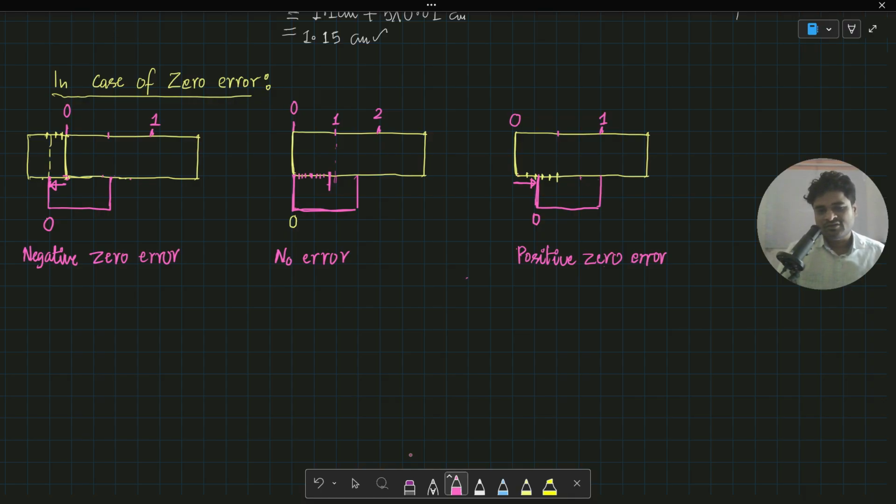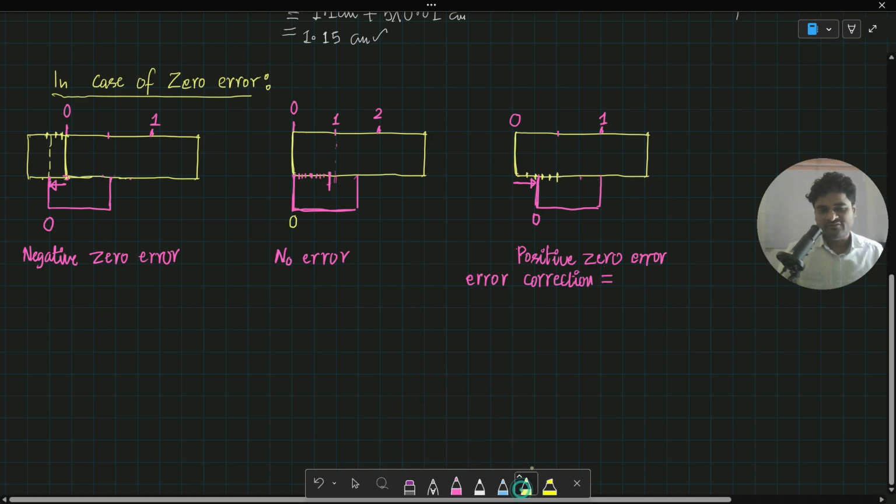Let's say we have calculated the error to be a positive zero error. So in case of error correction, the first thing we need to know is that we always subtract the error from whatever reading we get.